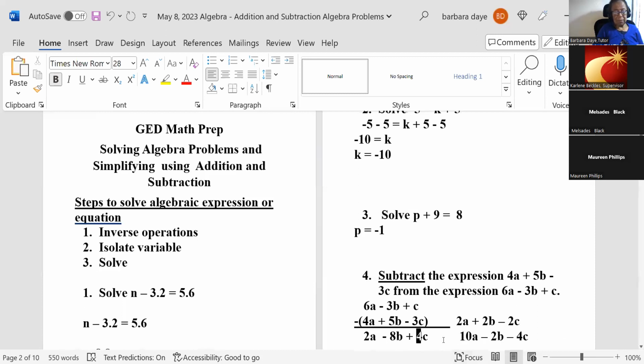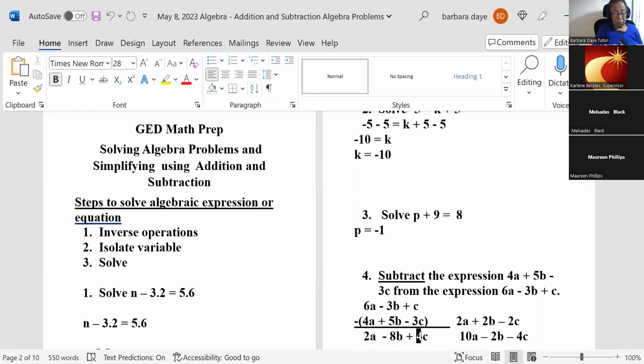Okay, you got it? That's why it's good to put your negative outside for the subtraction. So that negative means all these signs will change. The plus becomes a negative. The plus here becomes a negative. The negative becomes a plus.